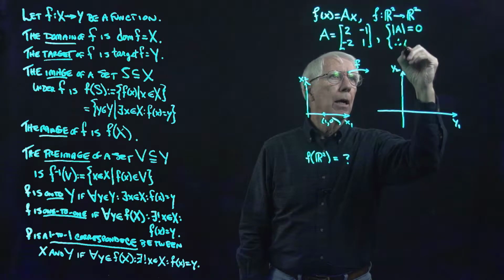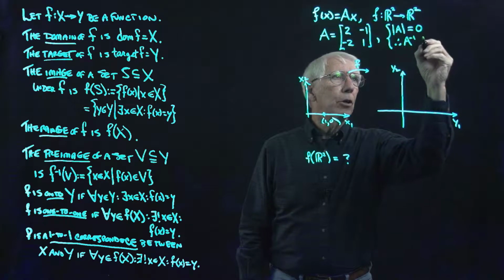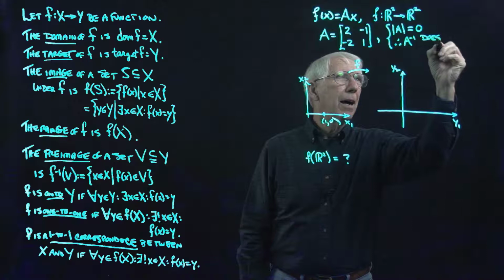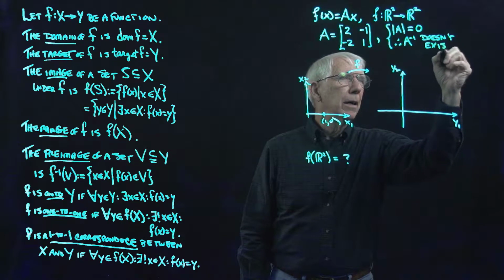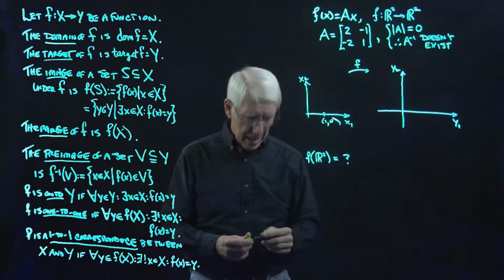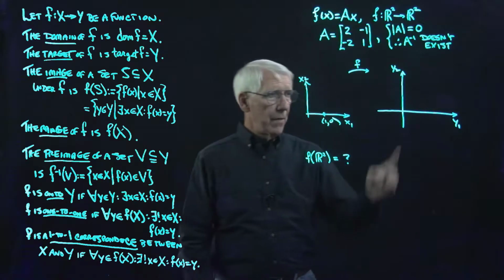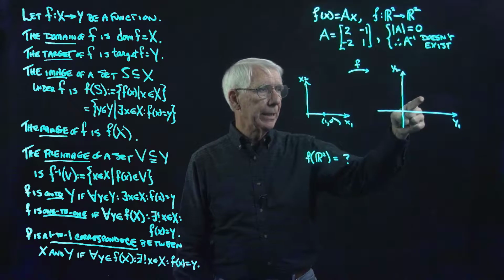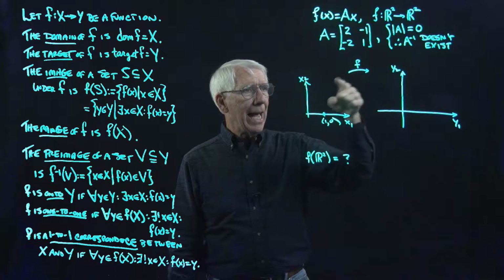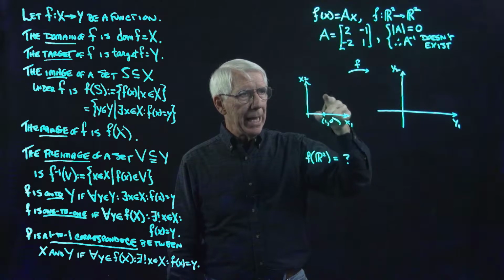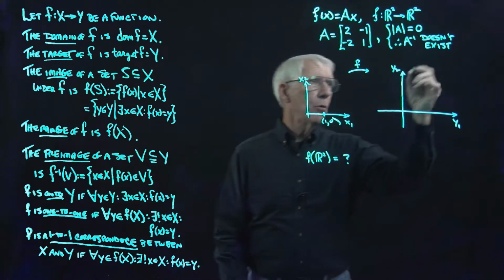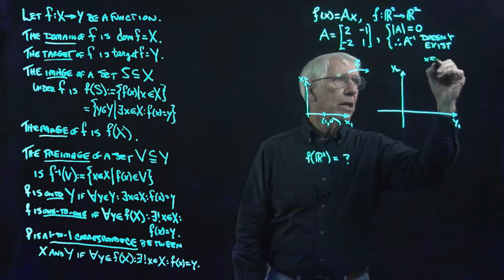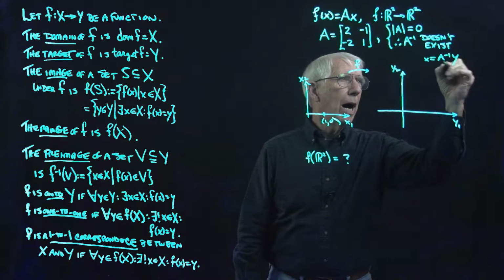Therefore, A inverse doesn't exist. It is not the case that for any y over here, there is a unique A inverse times y, x over here. So I can't write x equals A inverse of y.